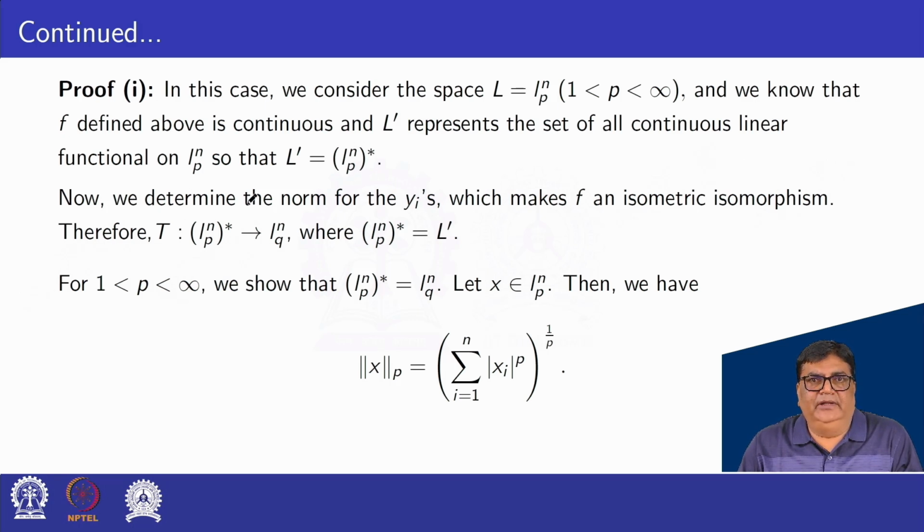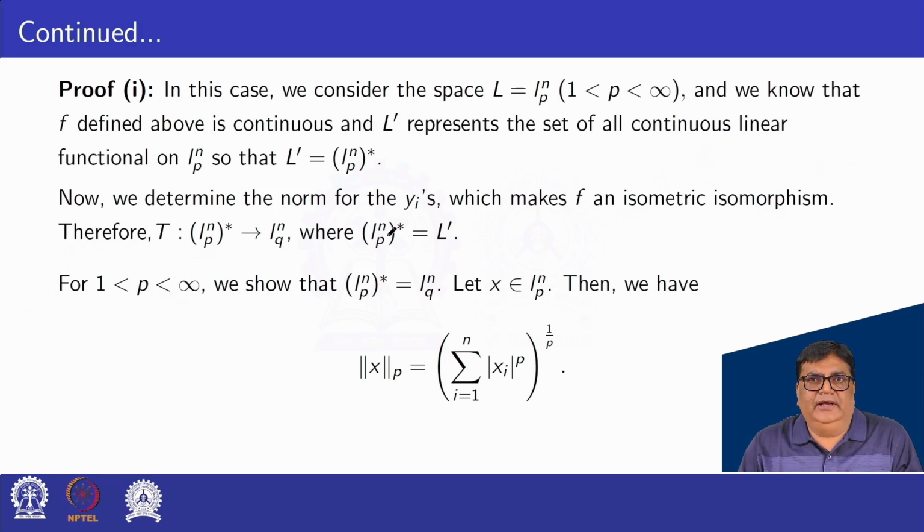Now we determine the norm for y which makes T an isometric isomorphism. Therefore, T maps LPn star to LQn, where LPn star equals L dash. So for 1 less than p less than infinity, we show that LPn star is equal to LQn.